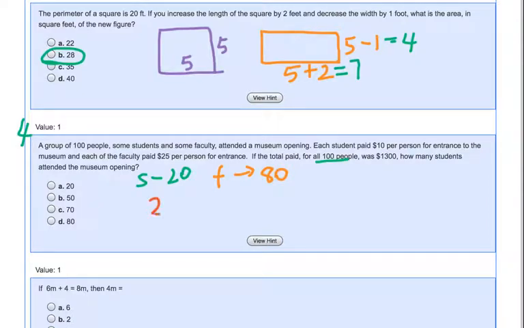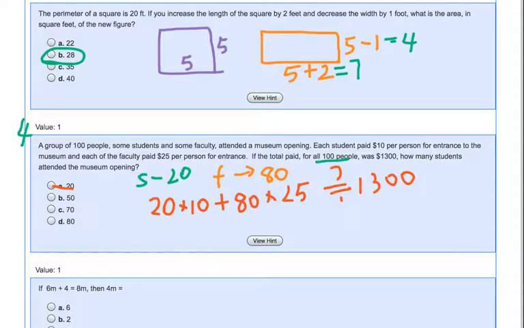Then 20 times 10 plus 80 times $25, is it equal to 1,300? If it's equal to 1,300, that means A must be the answer. After you check, it's not 1,300, so A is wrong.